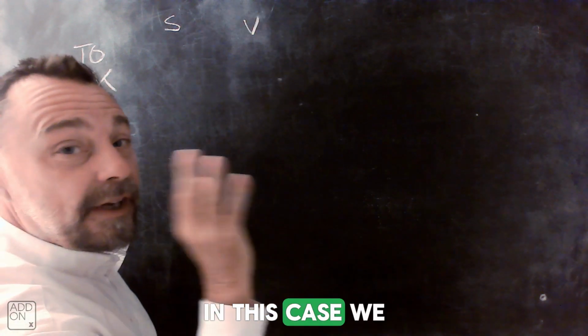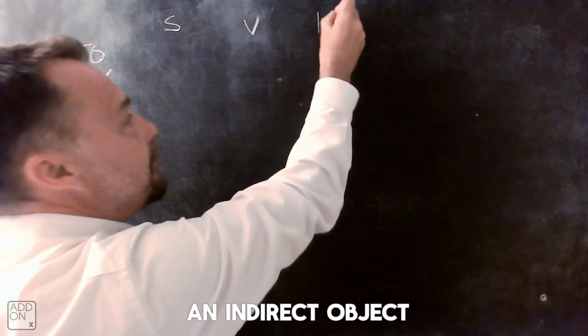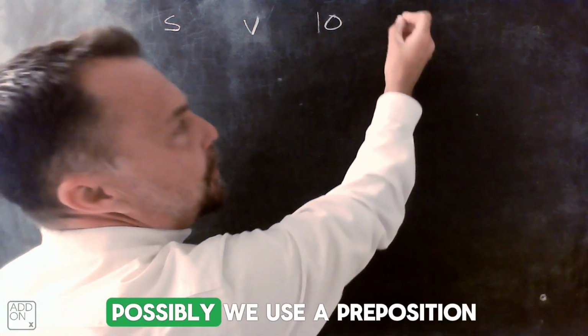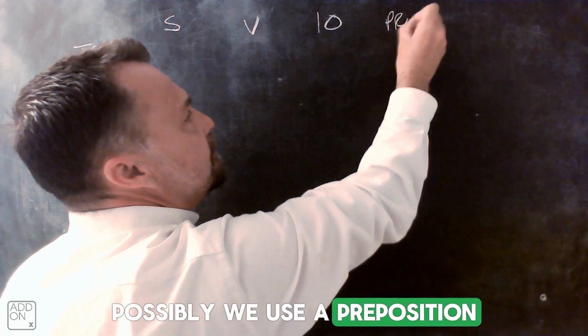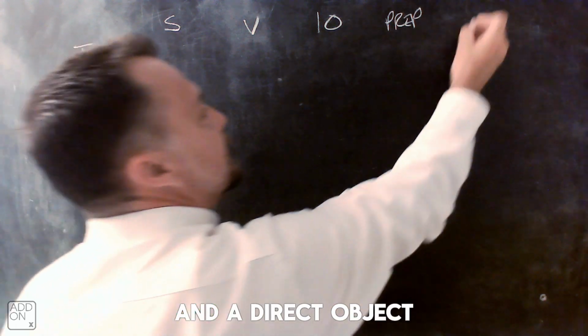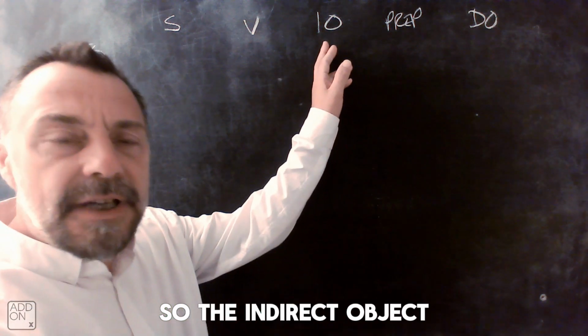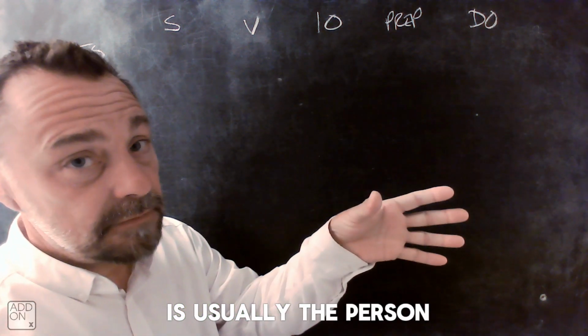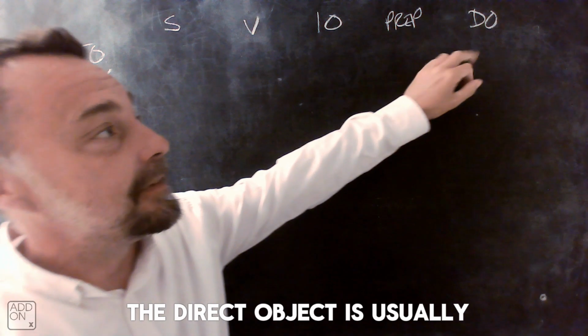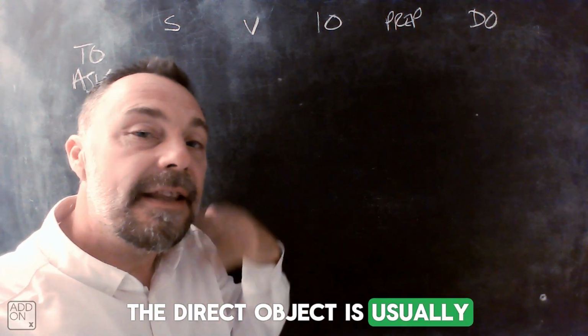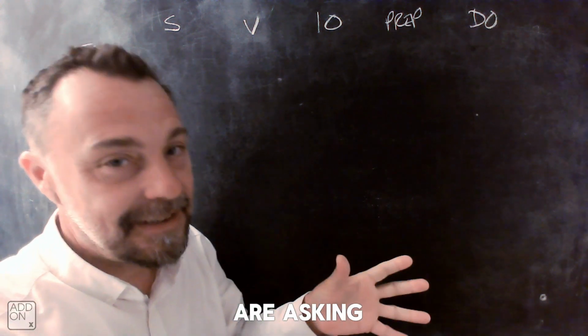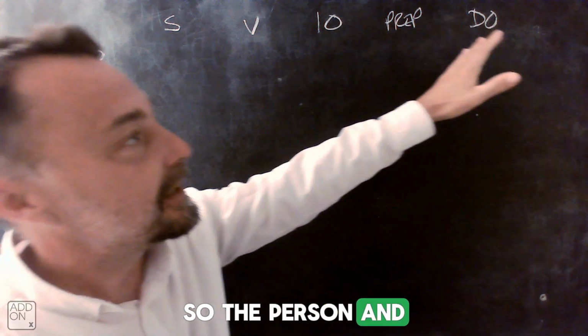In this case, we're going to use an indirect object. Possibly we use a preposition and a direct object. So the indirect object is usually the person, and the direct object is usually the thing that you are asking. So the person and the thing.